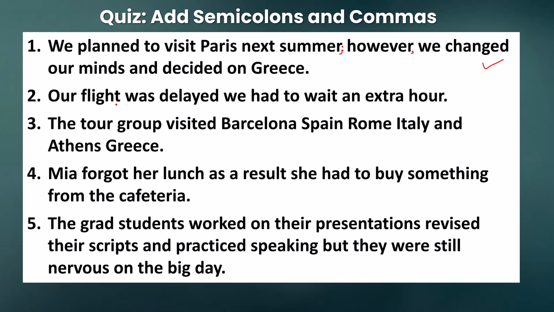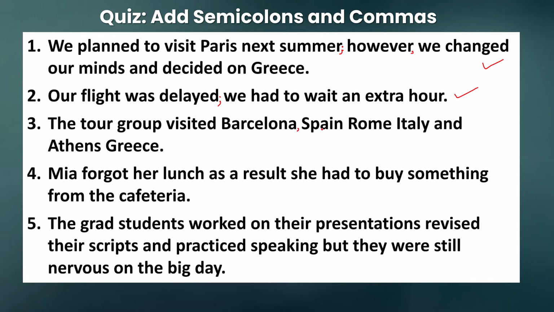Number 2, we have two different independent clauses. Our flight was delayed. We had to wait an extra hour. So we need to add a semicolon right after delayed. And then, of course, one space after the semicolon, and now it's correct. Now, number 3, we have to add several commas and semicolons because we have a list, but within the list there will be commas.